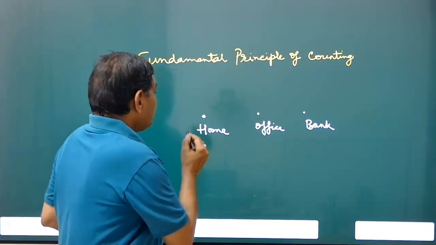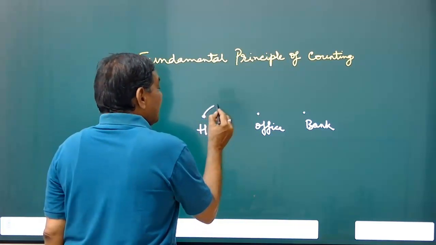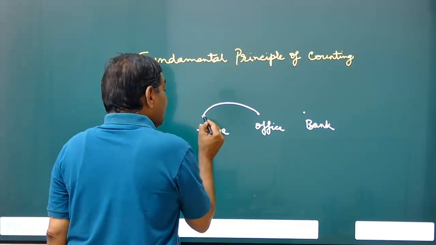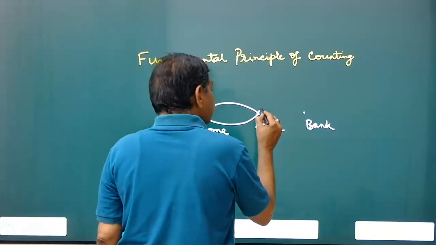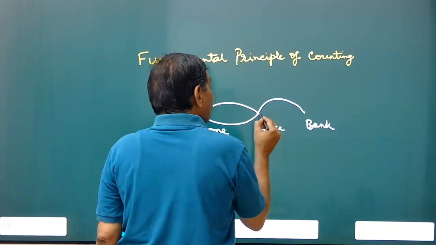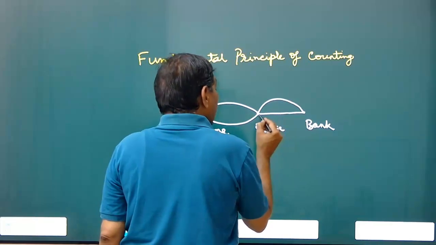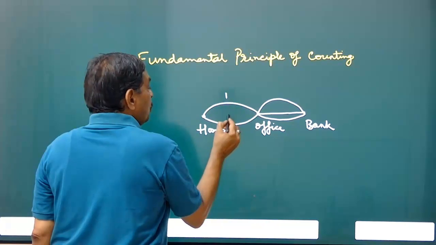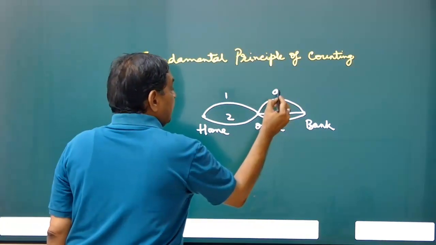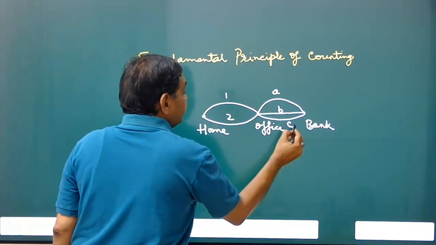Now there are two ways I can go to my office from my home, and there are three ways by which from office I can go to bank. Let us write them 1, 2, here write A, B, C.